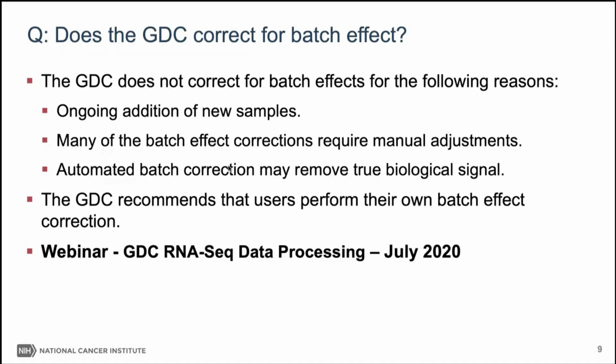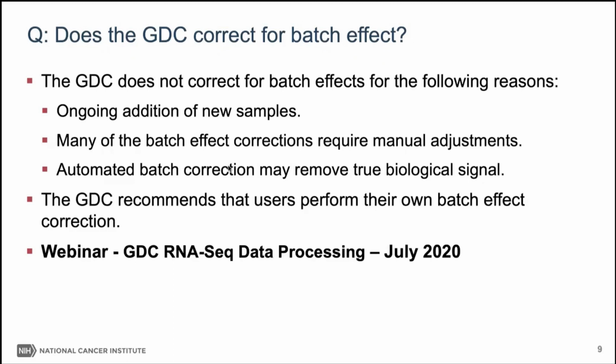Because we're always adding new samples too, it wouldn't be feasible to continuously do batch effect corrections as new samples are added. Certain projects will get just 10 more cases for a data release, and some are all at once.